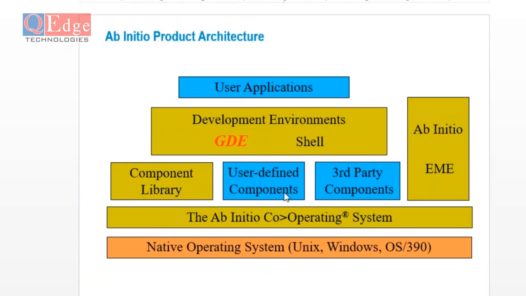Before 3.2, I don't know whether it is there in 3.2 or not, in 2.25 there was a graph where they were providing the user the flexibility to define their own component.